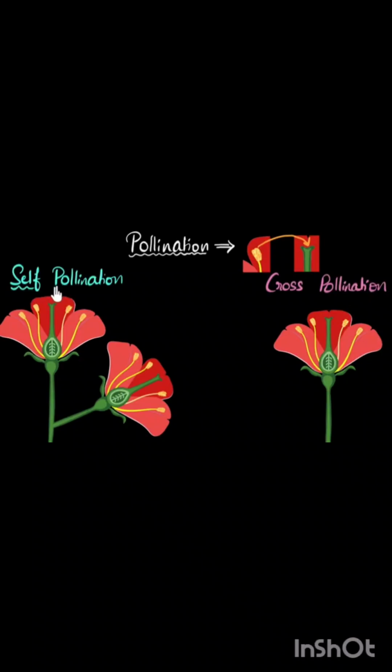What exactly is this? As the name suggests, if the pollen grains are transferred within the same plant itself, then we'll say it's self-pollination. One way that can happen is if the pollen grains are transferred within the same flower, from the anther to the stigma of the same flower. This is self-pollination.